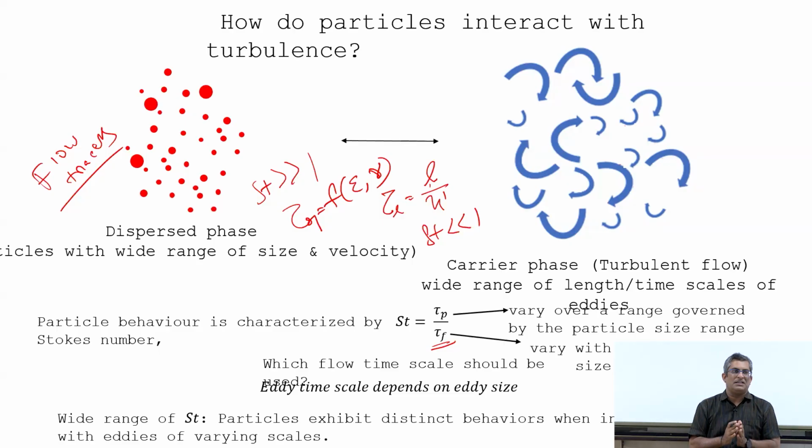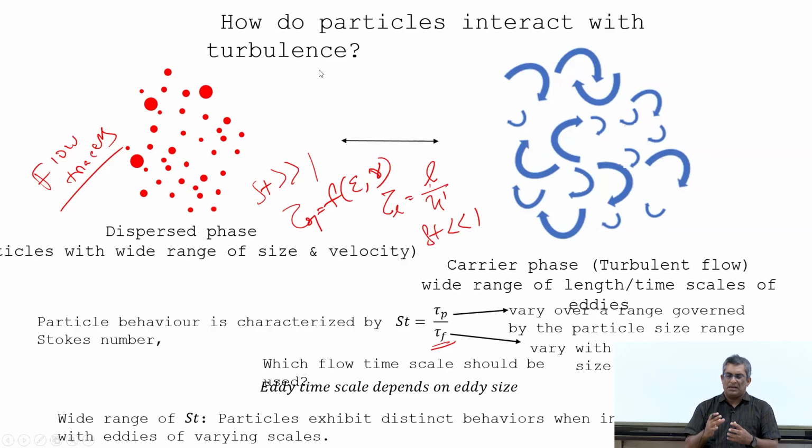So the question is, if I now put a bunch of particles of different size in a turbulent flow, how would they behave? So this means that you have to track individual particles to see their behavior. Okay. And that is basically the essence of particle turbulence interaction.